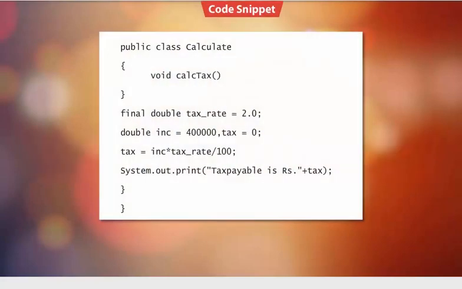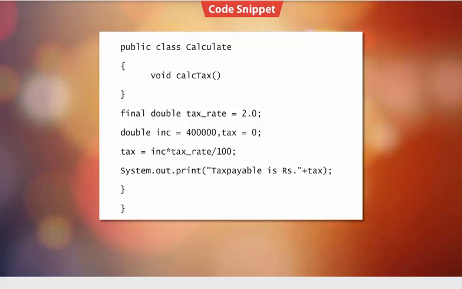Now let us look at a code snippet to better understand the concepts we have learned. This code calculates tax on a taxable income of Rs 4 lakh, where the tax rate is fixed at 2%. Here, the data type used is double. The variables are inc and tax, which means they can change during execution.